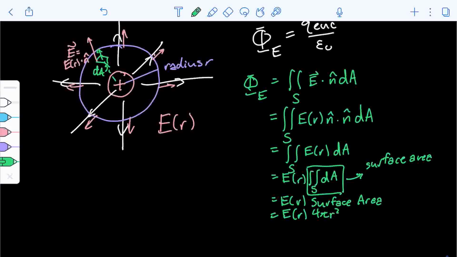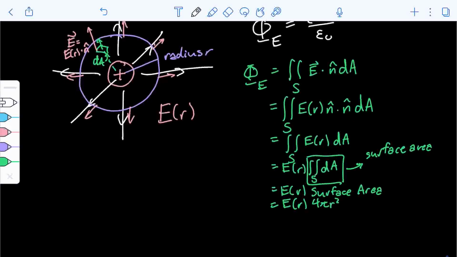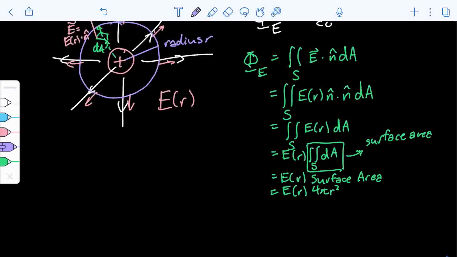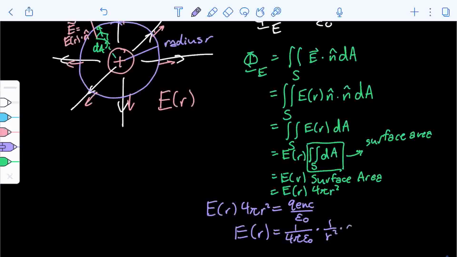Let's plug it into Gauss's law to get that E of r times 4 pi r squared is equal to the charge enclosed over epsilon 0, or in other words, the magnitude of the electric field is going to be 1 over 4 pi epsilon 0 times 1 over r squared times q enclosed, which is exactly Coulomb's law.